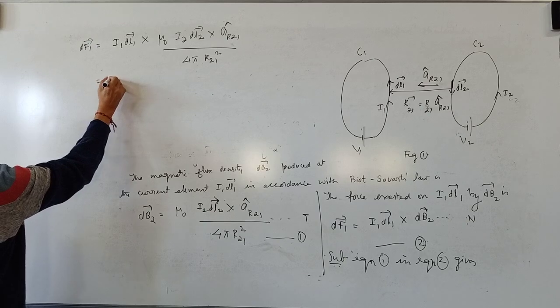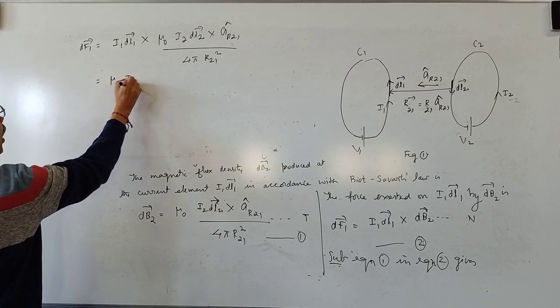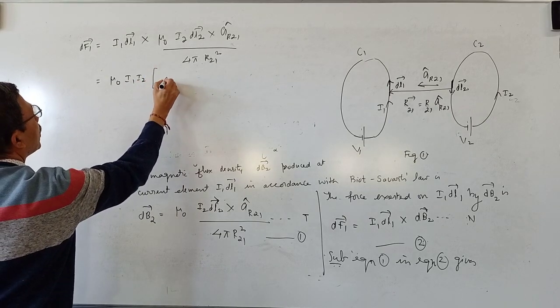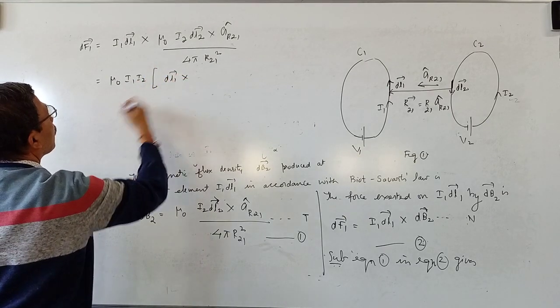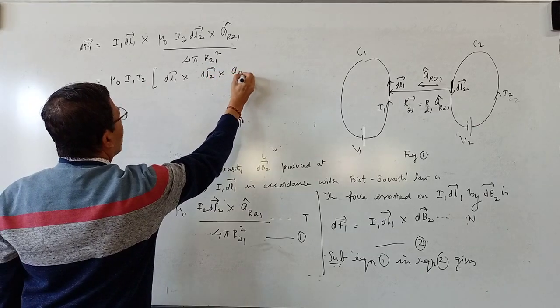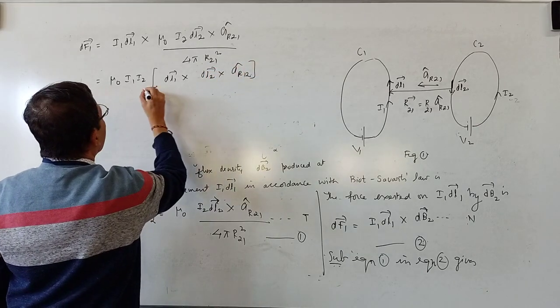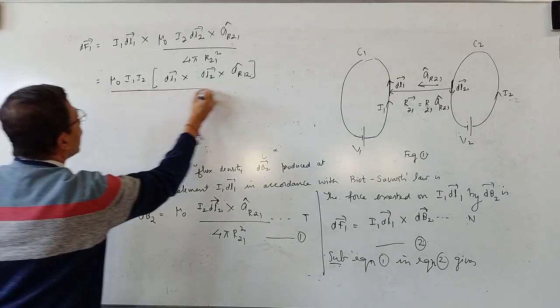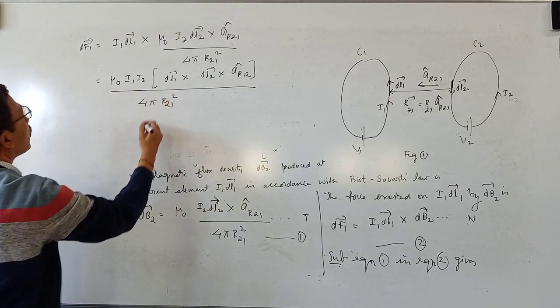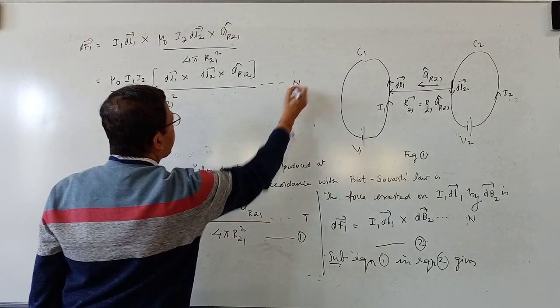So this is nothing but mu naught into I1 I2 into vector dl1 cross vector dl2 cross unit vector er21 cap divided by 4 pi into r21 square, so many newtons.